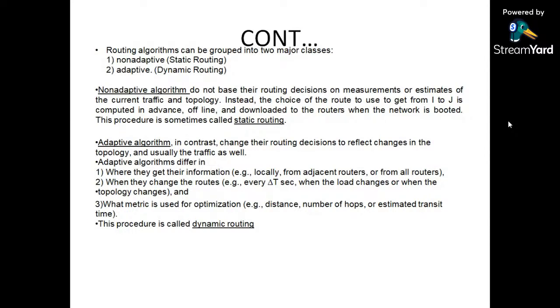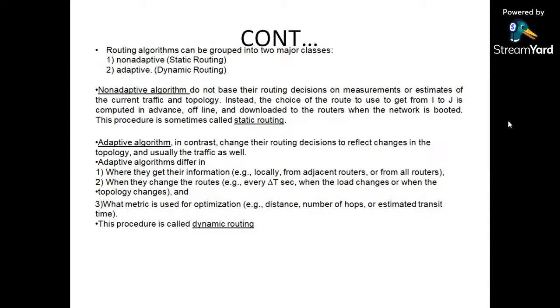This procedure is sometimes called static routing. Whereas adaptive routing, in contrast, changes its routing decision to reflect changes in the topology and usually the traffic as well. Adaptive algorithms differ in where they get their information, for example locally, from adjacent routers, or from all routers.